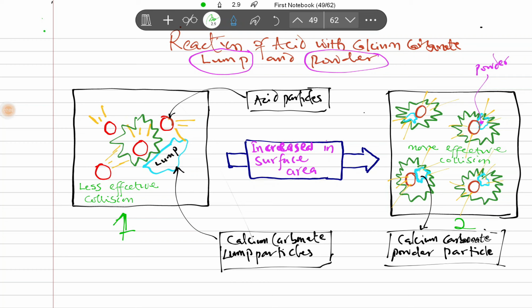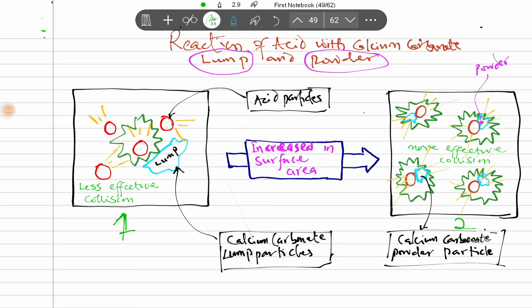In the first box, we have a large lump of calcium carbonate, and we see the particles of acid represented in red. We have less effective collision because the surface area of the calcium carbonate lump is extremely low.